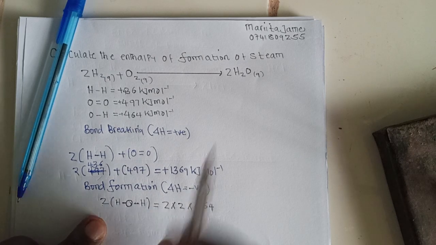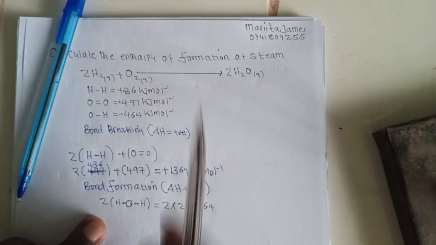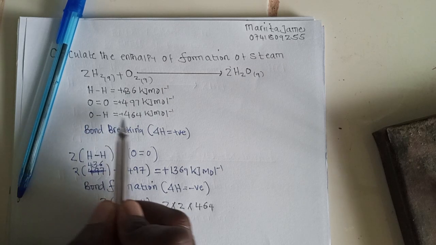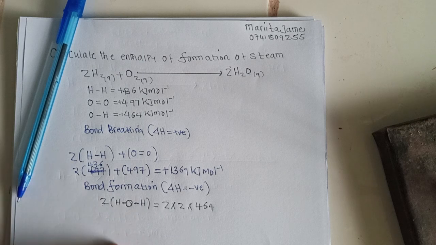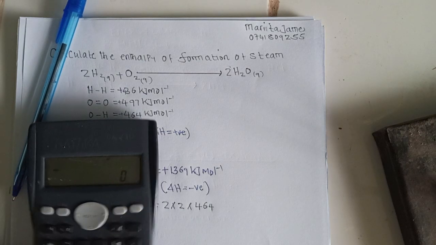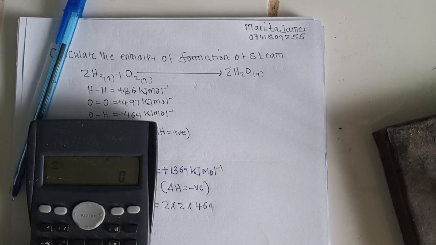So we have these 2, the number of bonds, 1, 2. So we have 2 times 2, then times the bond between oxygen and hydrogen, which is 464.